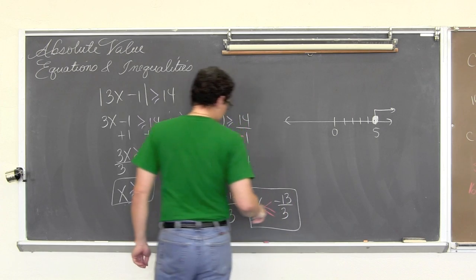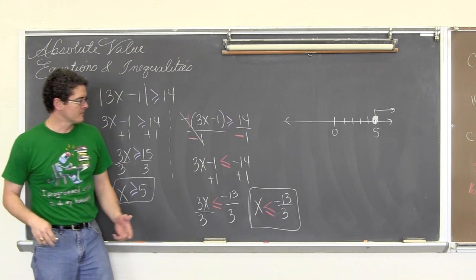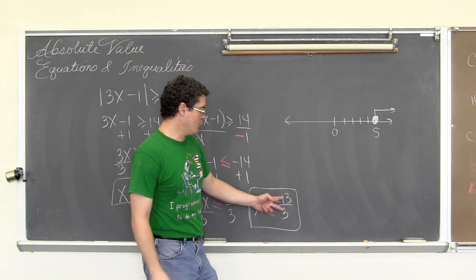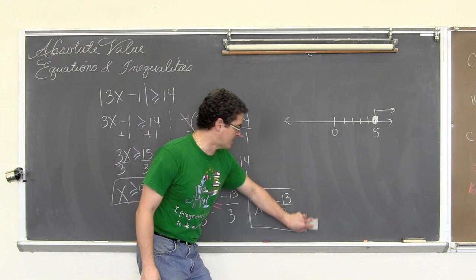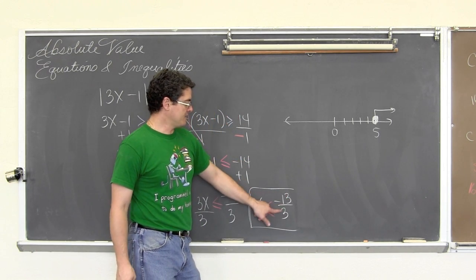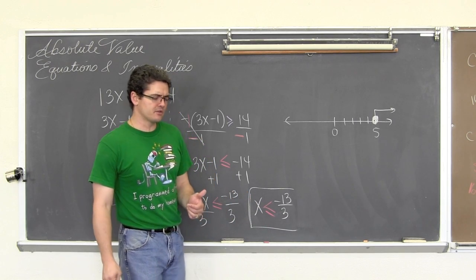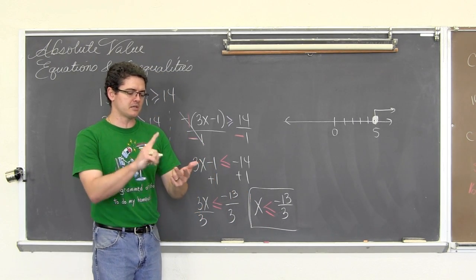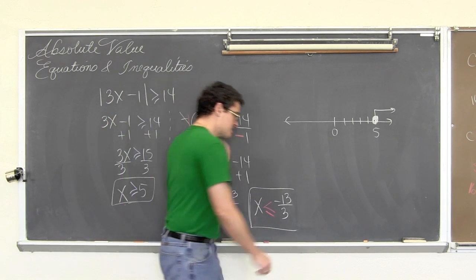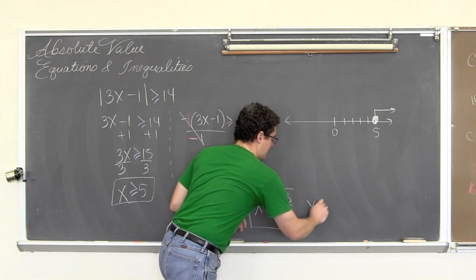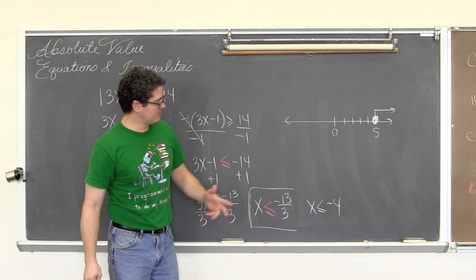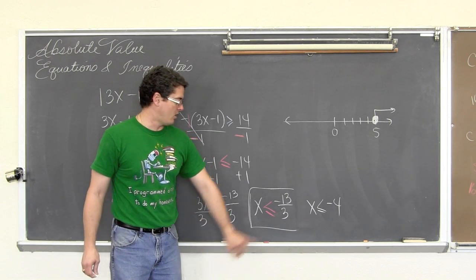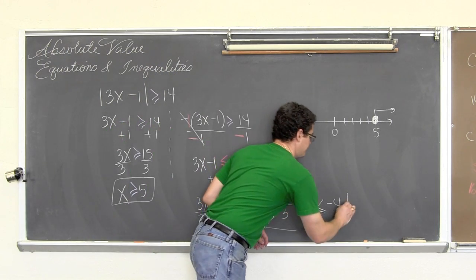And where in the heck is 13 over 3? Well, you might want to make this into a mixed fraction before you bother trying to put it on the number line. 13 divided by 3. How many 3's are in 13? 3, 6, 9, 12. So this is going to be the same as x is less than or equal to negative 4, and then 3 times 4 is 12, giving you a remainder of 1.